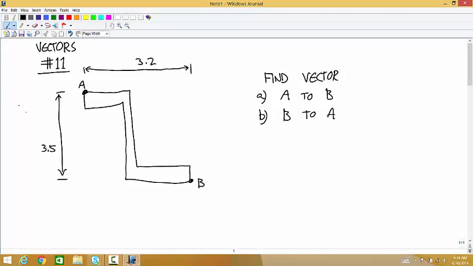Remember, to find the vector from one point to another one, there are two ways to do it. If you're already given the coordinates of A and B, or it's easy to find them, then you can just take the coordinates of B and subtract the coordinates of A, and that gives it to you. If you're not already given the coordinates, then put the coordinate system at the starting point.